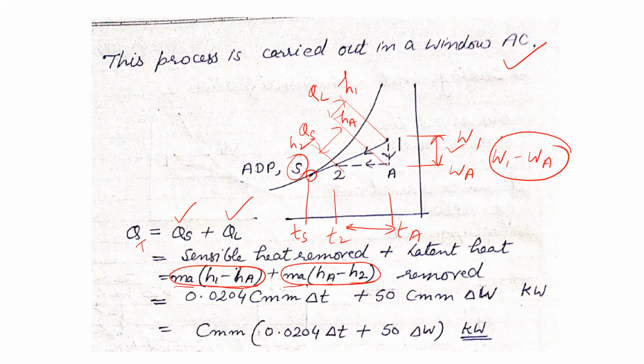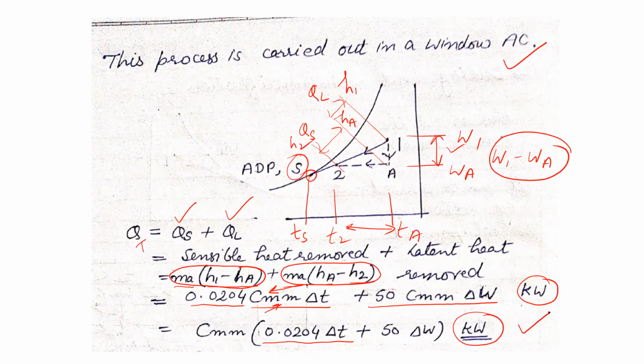And if you see this value of sensible heat removed, HA minus H2, it is given by 0.0204 cmm into delta T plus 50 cmm delta W, this much kilowatts. We can also say that, taking cmm as common, we are left with cmm times (0.0204 delta T plus 50 delta W) in the bracket, this much kilowatts.